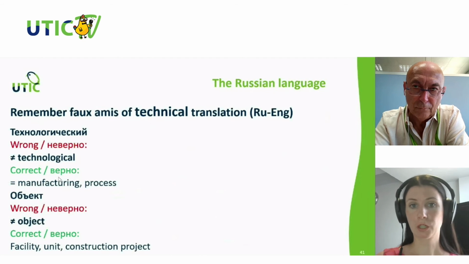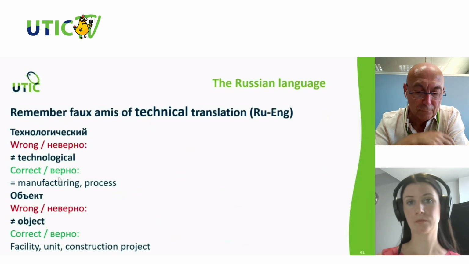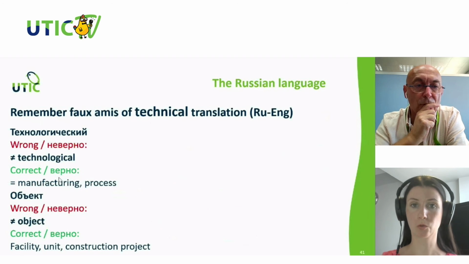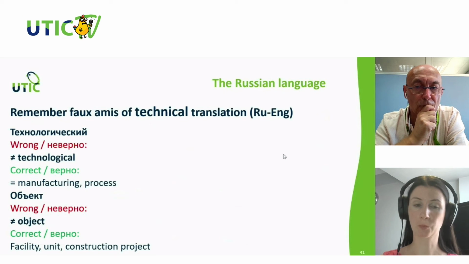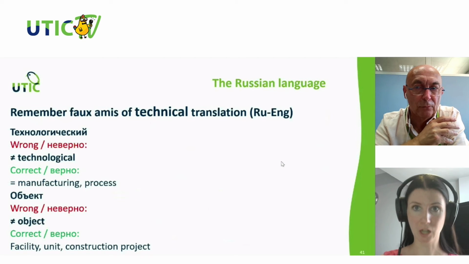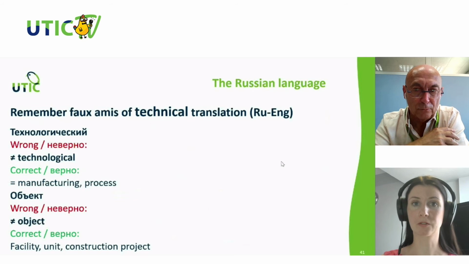When we think about the word characteristics in Russian, it may mean something quite different, and there is a big number of other enemies of the translator, false friends of the translator.